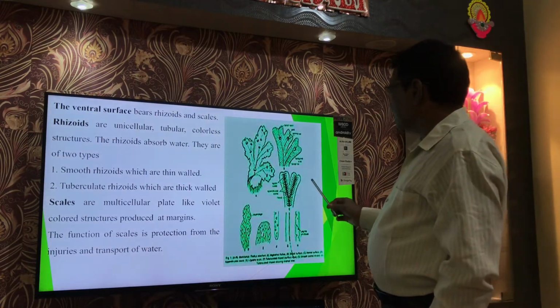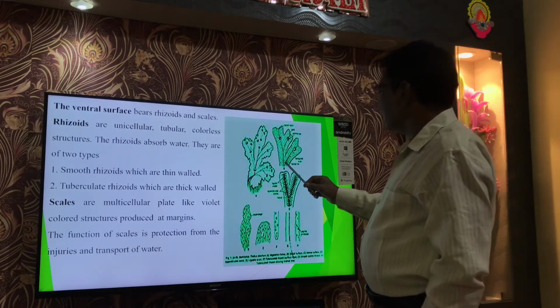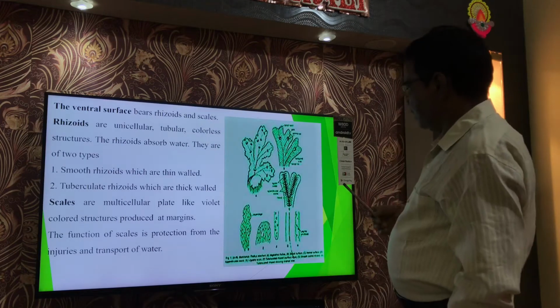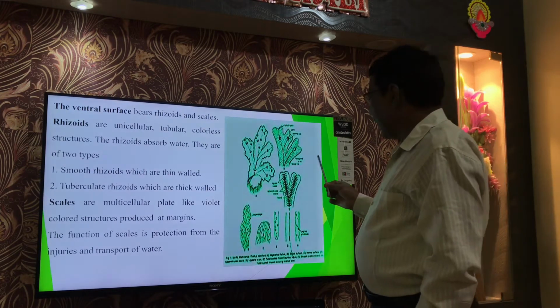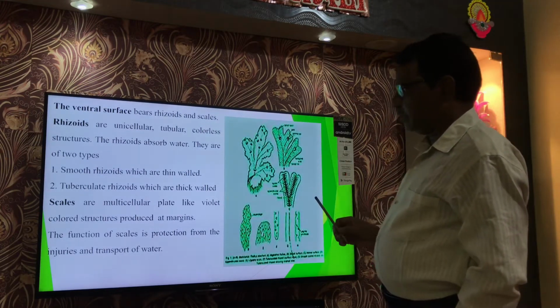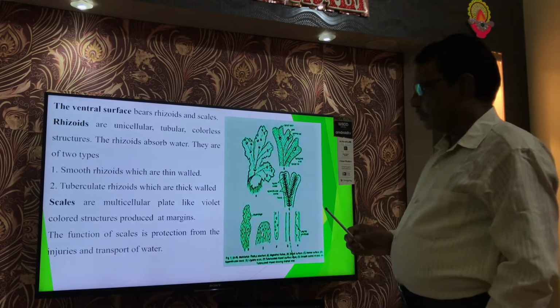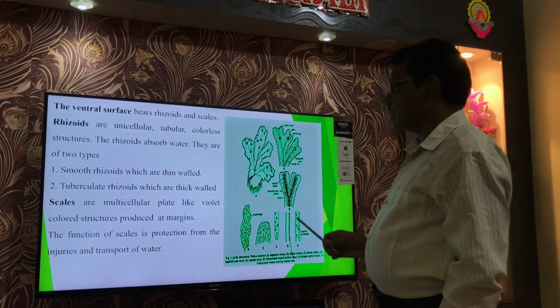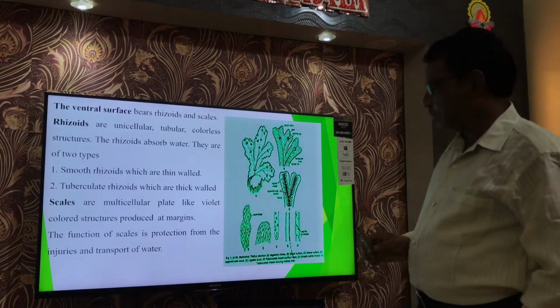The position of rhizoids on the ventral surface is along the midrib region, whereas scales are present at the margins of the thallus. So this is a typical position. These rhizoids are root-like structures, that means they perform the function of roots.